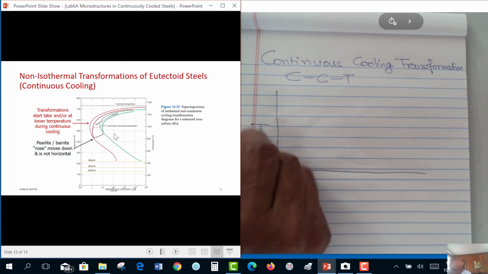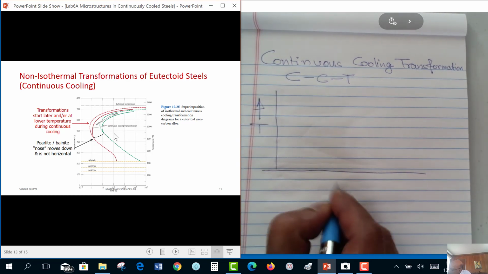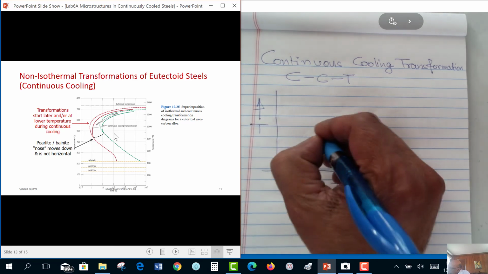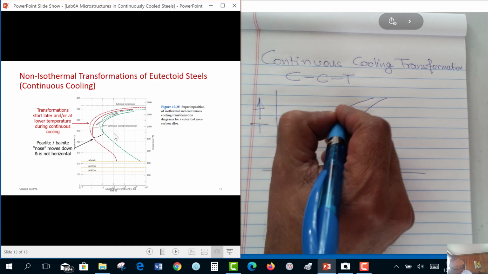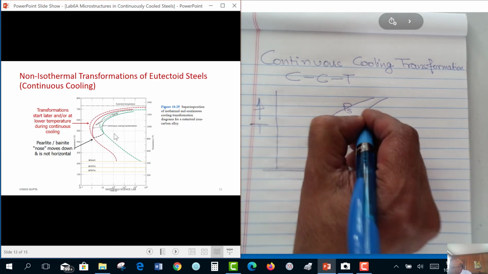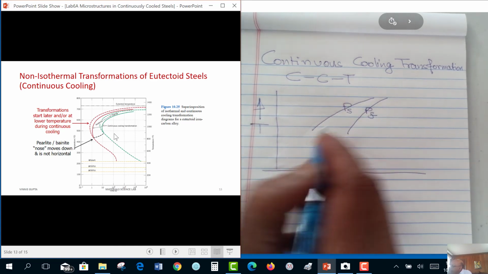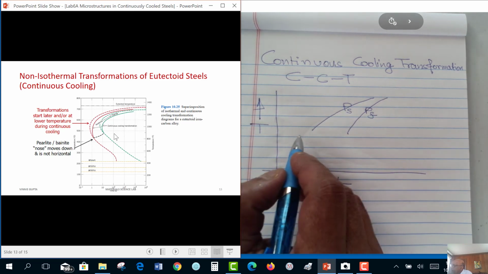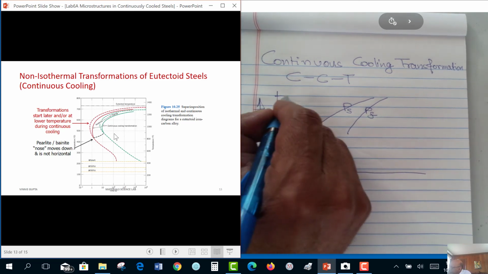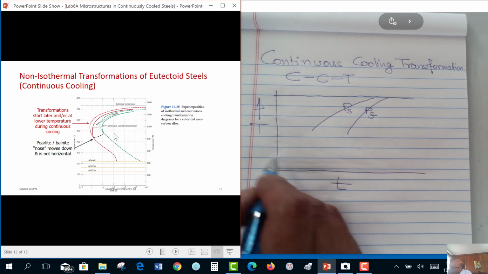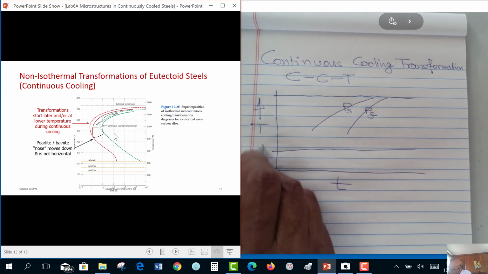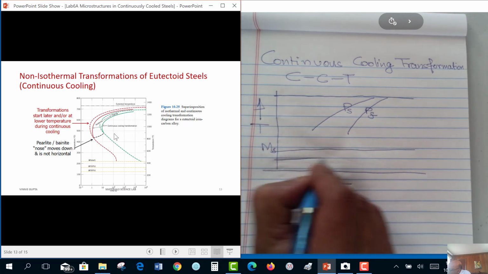Again, temperature, and now this is just time. As I said, the C curves have shifted down and slightly to the right, and we need only the top half of the C, you will see. And then of course, we have the martensite start temperature and martensite finish temperature.